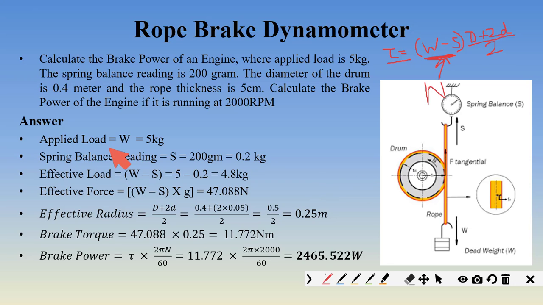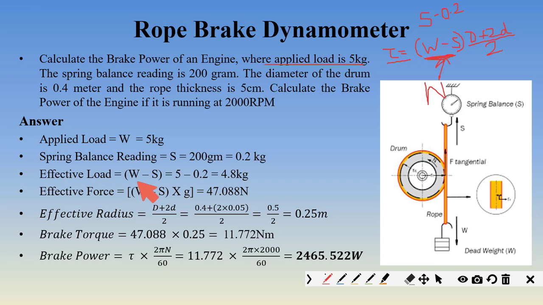See, over here they have given applied load is 5 kg. So W is 5 kg. The spring balance reading is 200 grams. So 200 grams means 0.2 kg. So applied load is 5 kg, spring balance is 0.2 kg. So what is the effective load?